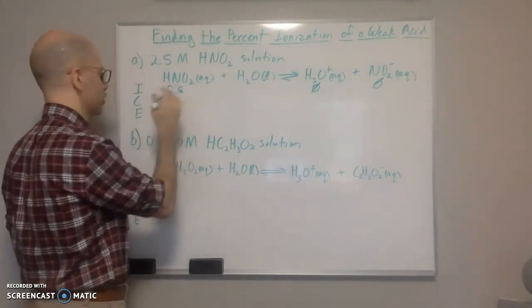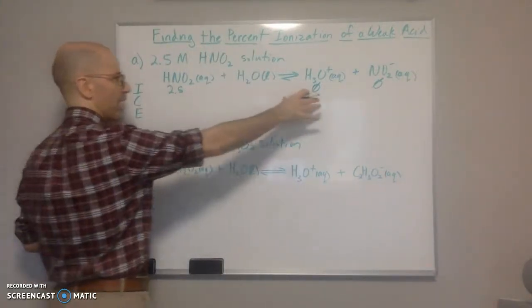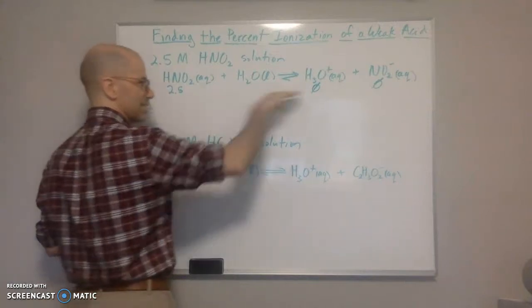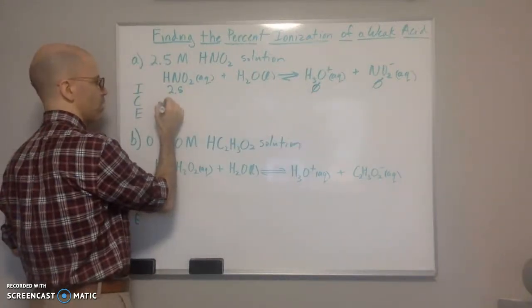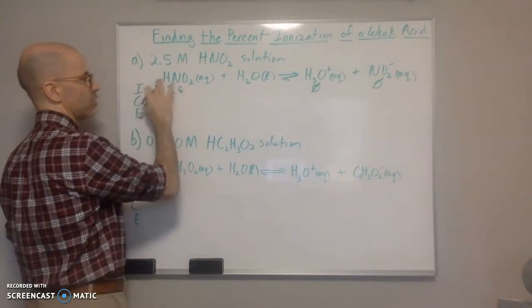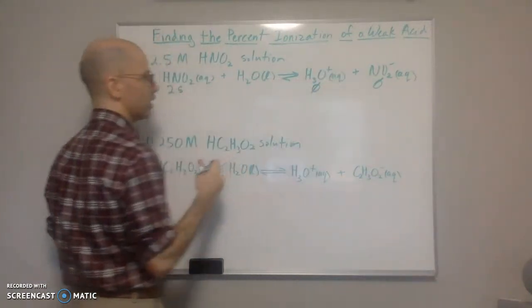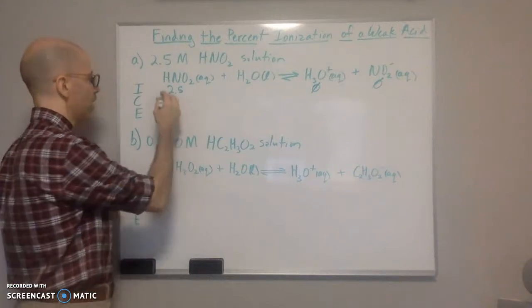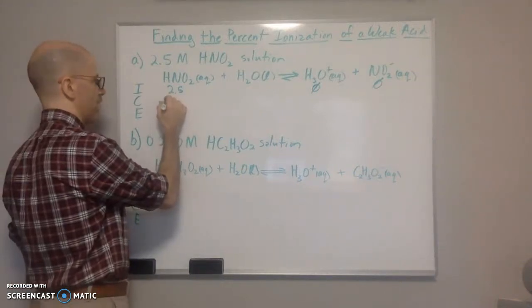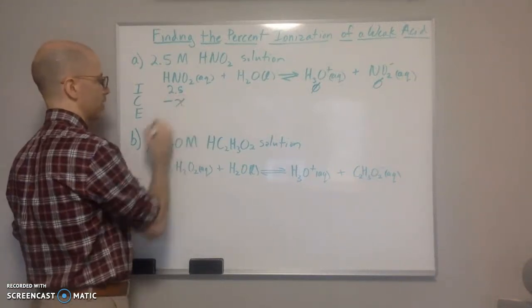And then the change is going to be, since we don't have any products, the shift is towards products. So that means we're going to lose some of our reactant. And it's a 1-to-1 stoichiometric ratio. So we're just going to have minus X here.